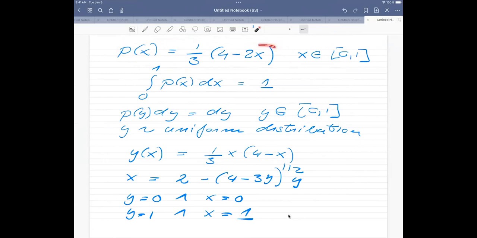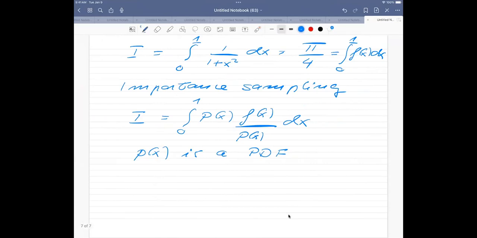So if I take p of x to be this one, there are some interesting results here. So if I take the ratio of f of 0 with p of 0, and I take f of 1, I'm putting an equality sign because I'm going to get the same number. So I get the same number at the two endpoints.